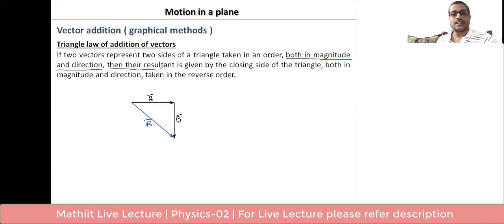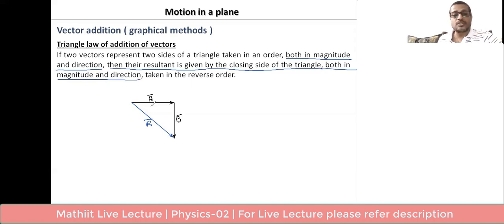Then the resultant is given by the closing side of the triangle. If I just stop the statement here, then there is an ambiguity. How is the resultant represented by the closing side? Only magnitude? May not be. Only direction? May not be. So I have to remove that ambiguity. Therefore, I say closing side of the triangle, represented in both magnitude and direction.